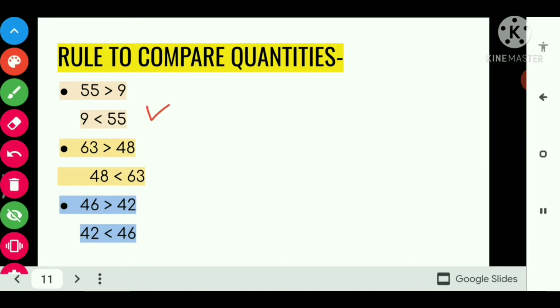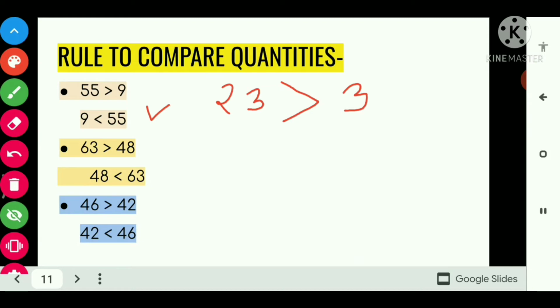So the first rule is what? Suppose two quantities are given. One quantity is a 2-digit number and the other quantity is a 1-digit number. Always remember that a 2-digit number is always greater than a 1-digit number. That means by comparing the digits, we can identify which number is the bigger one.